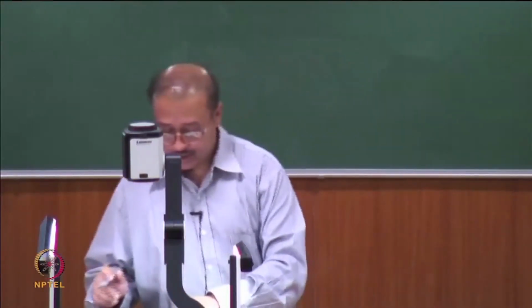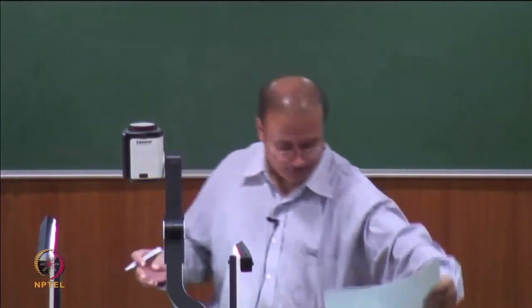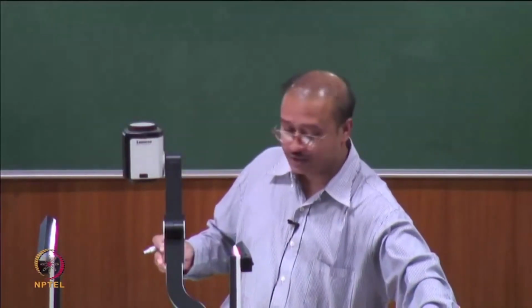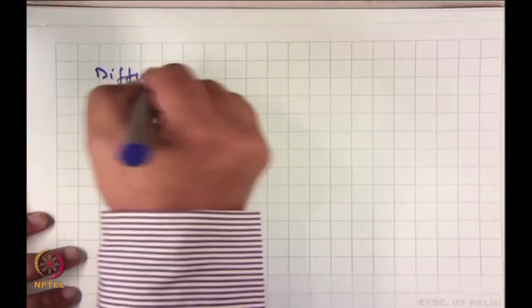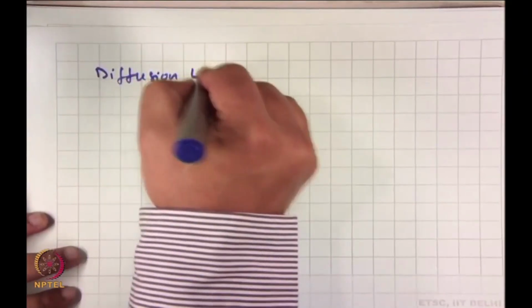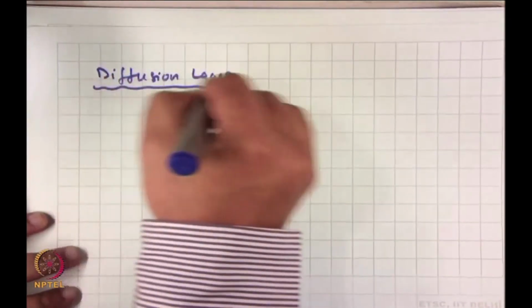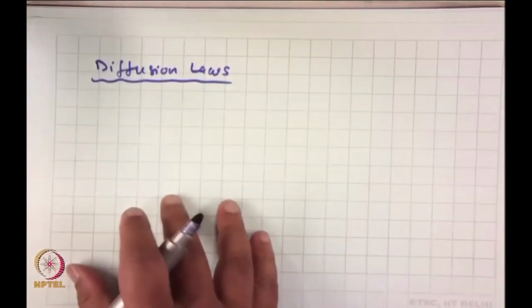So, the person who actually came up with a set of laws, do you know his name? His name is Fick, so these are Fick's diffusion laws. So, let us look at diffusion laws.